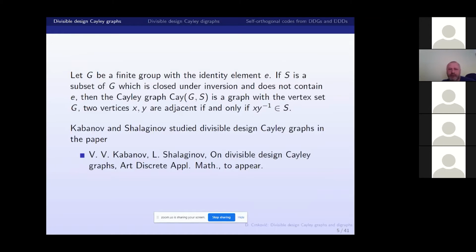If G is a finite group with the identity element e, and S is a subset of G which is closed under inversion and doesn't contain the identity, then the Cayley graph Cay(G, S) is a graph with the vertex set G, and two vertices x and y are adjacent if and only if the product x times the inverse of y is in S. Now this is a well-known structure, and Kabanov and Shalaginov studied the divisible design Cayley graphs in this paper, which is accepted for publication in the Art of Discrete and Applied Mathematics.